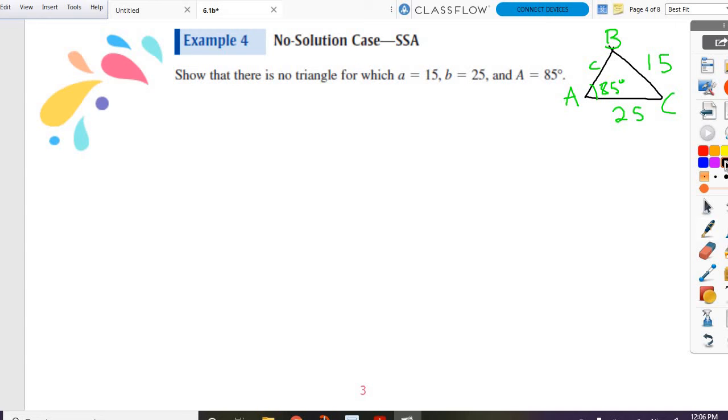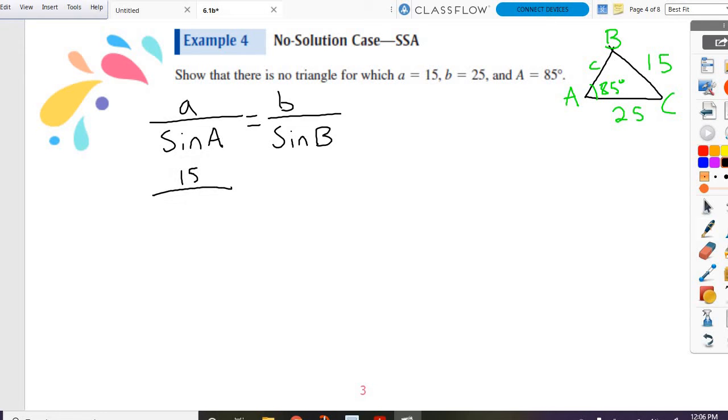So we have a and big A, so I'm going to use my A ratio to find big B. So this time we have 15 divided by sine of 85 degrees equals 25 divided by sine of big B.